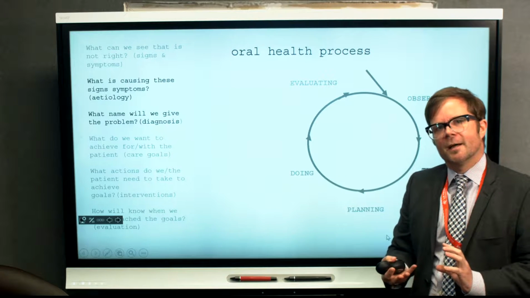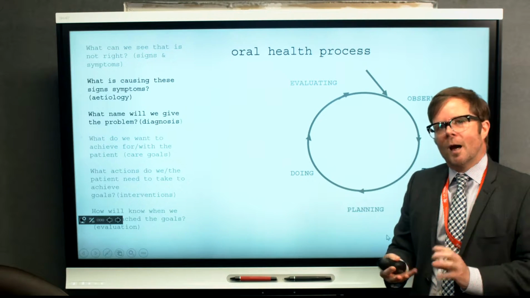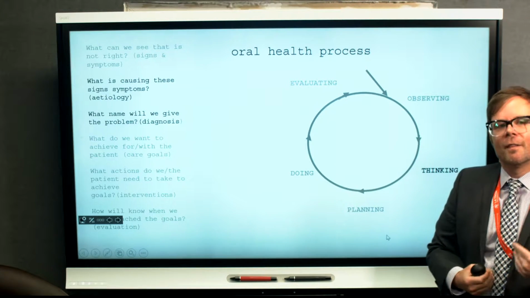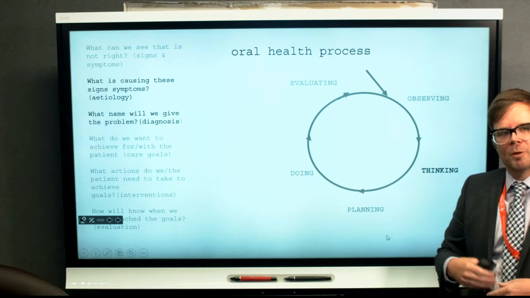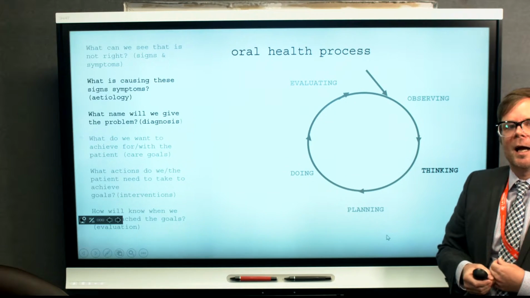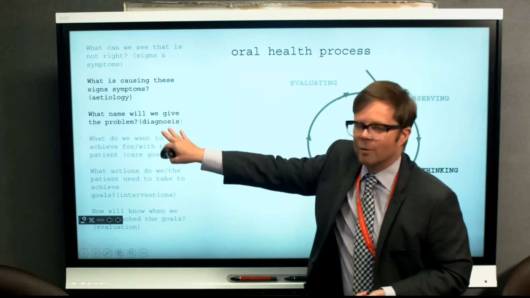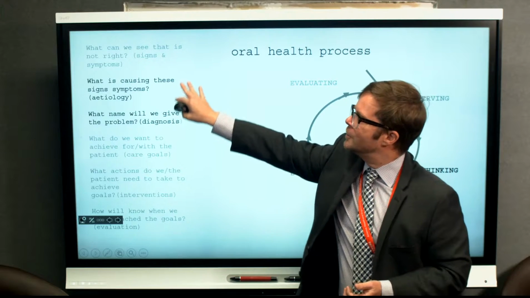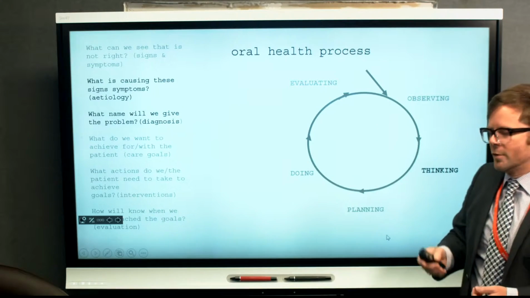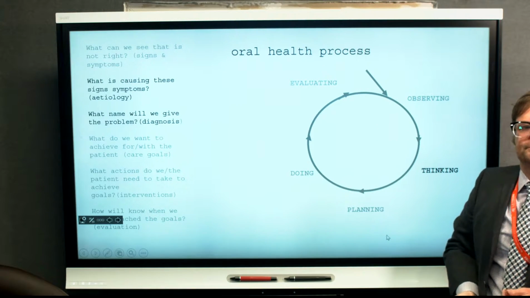And those things together may allow us then to give that particular condition a name, and we would call it in that particular case a gingivitis, for example. So we would give it a label or a diagnosis, but we would only do that once we have carefully considered the first two steps.